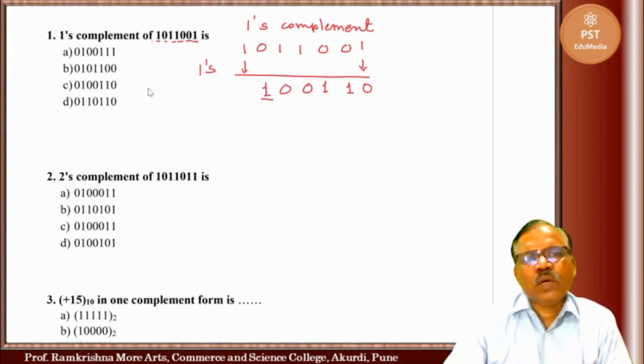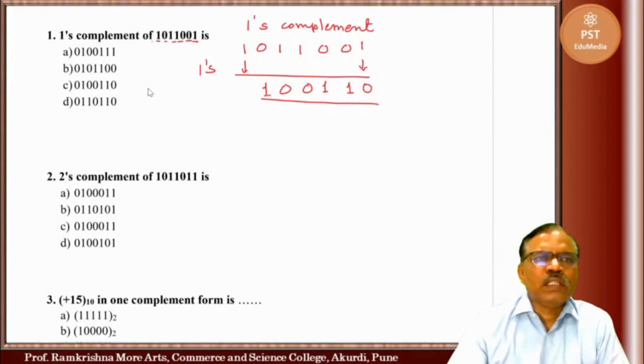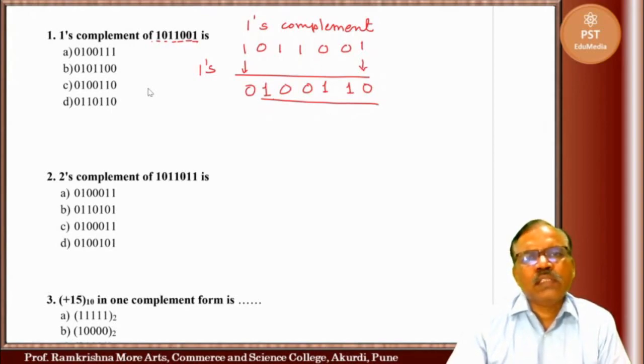So each bit is inverted, and we get 0 1 0 0 1 1 0.